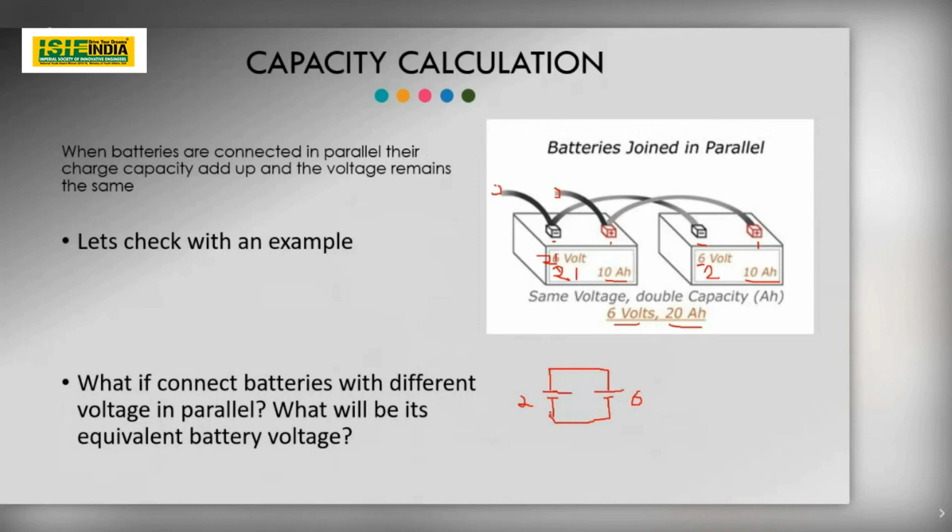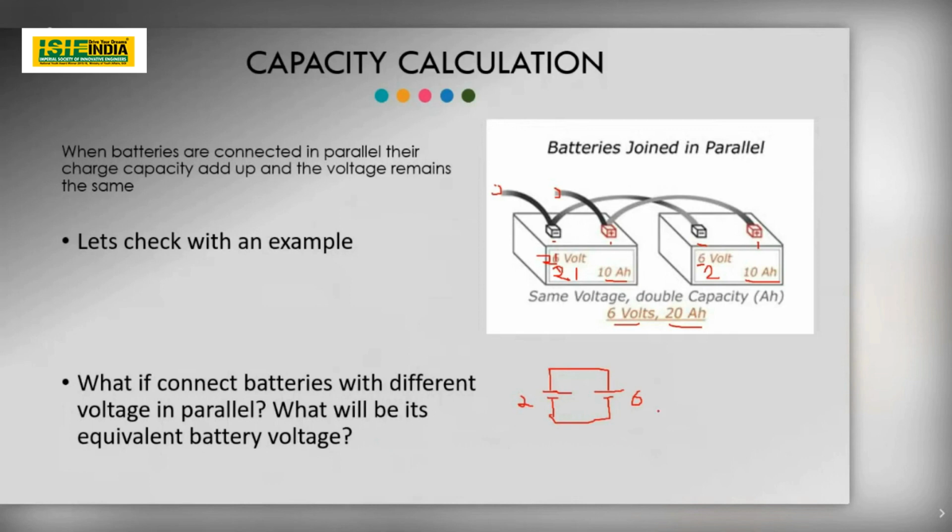So if batteries have two different voltages, they will balance each other. Charge will flow from 6 volt to 2 volt until both batteries are balanced. The equivalent voltage, if we connect two batteries in parallel with different voltages, will be the average of both batteries.